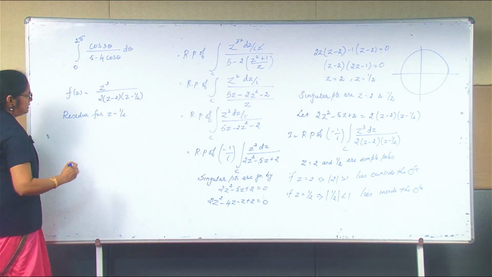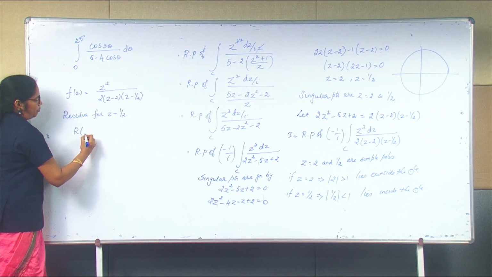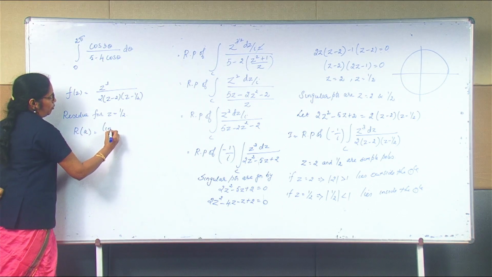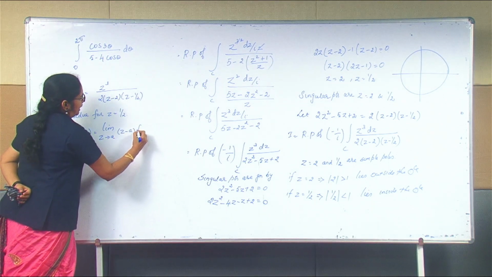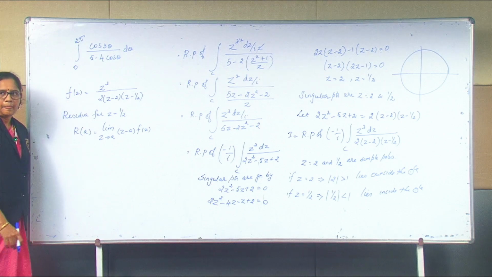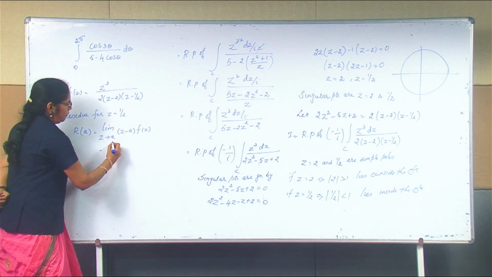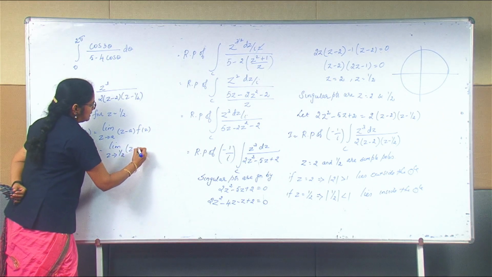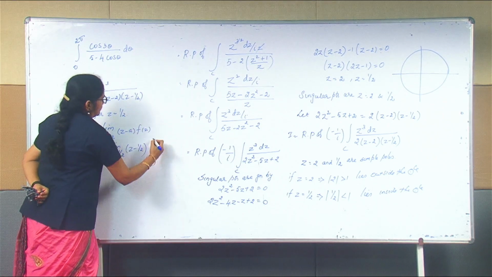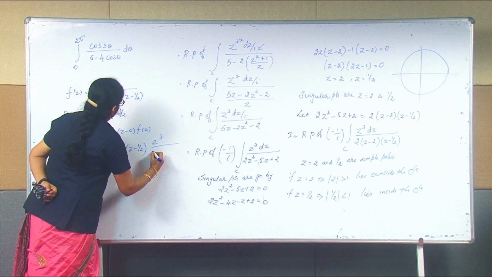Again it is a simple pole. What is the simple pole formula? R of a equal to limit z tends to a, z minus a into f of z. So limit z tends to half, z minus half into f of z.